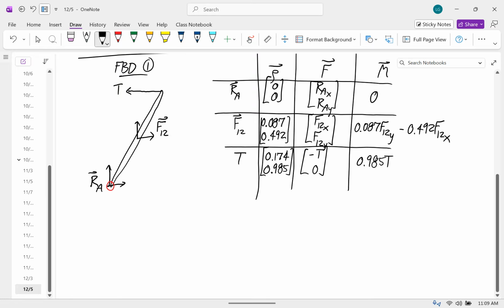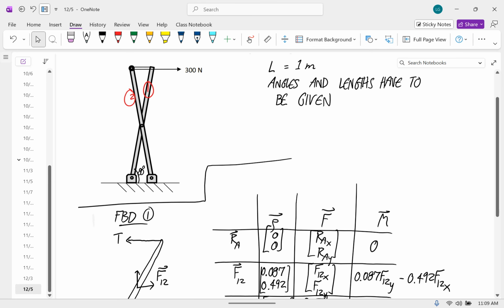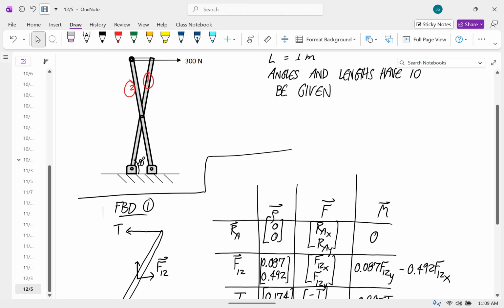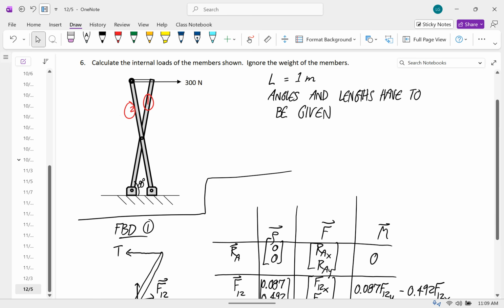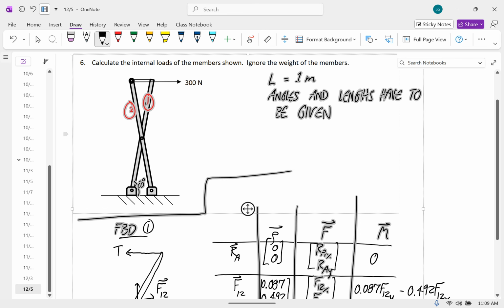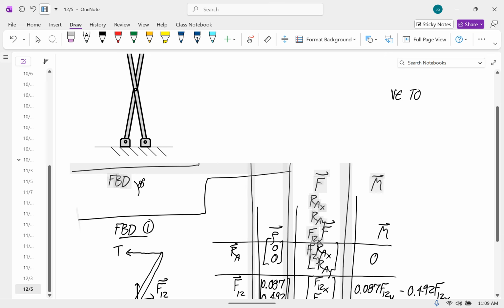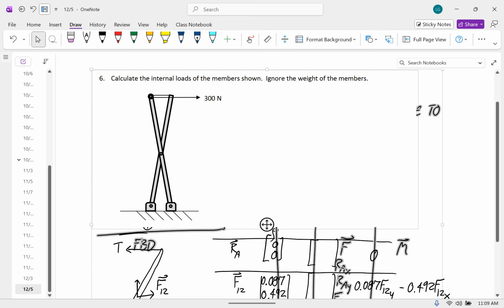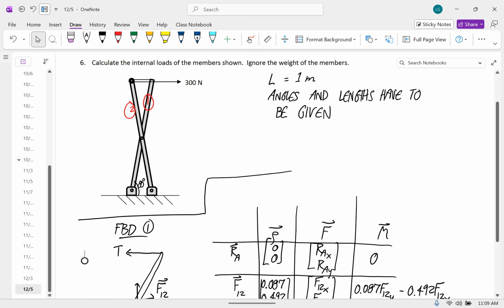And so the equations, the first one says RAX plus F12X minus T is equal to 0. We know that cable force is 300. I put it in as T. Let's see.